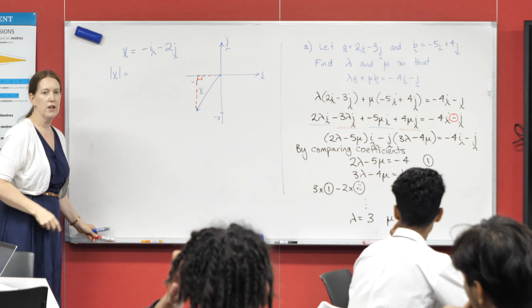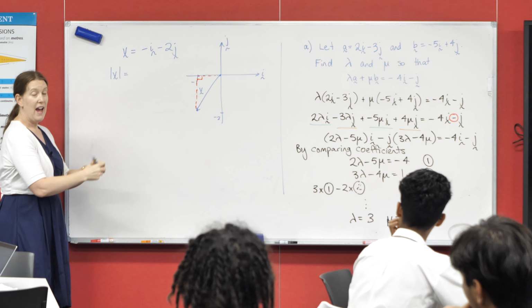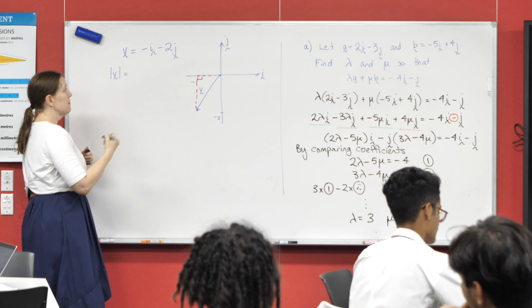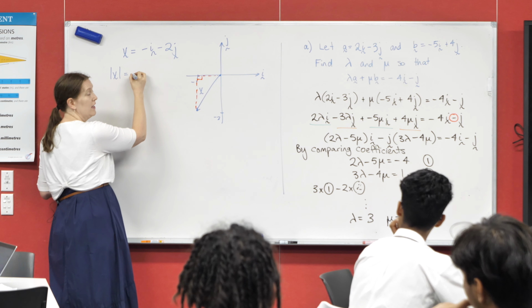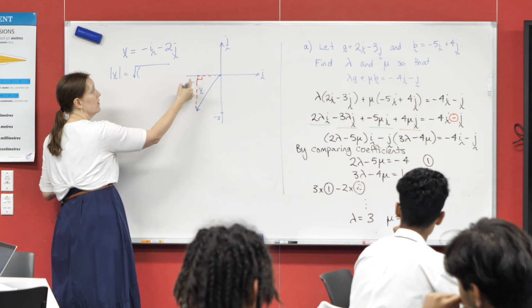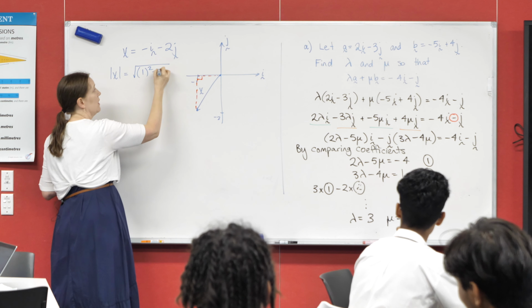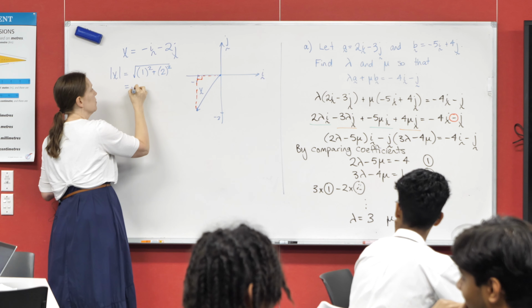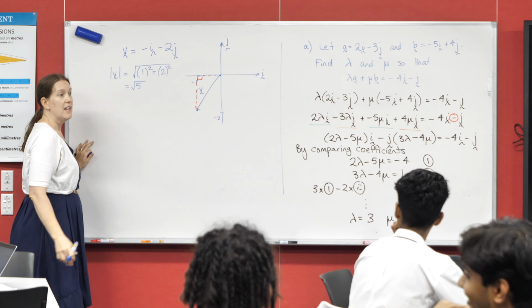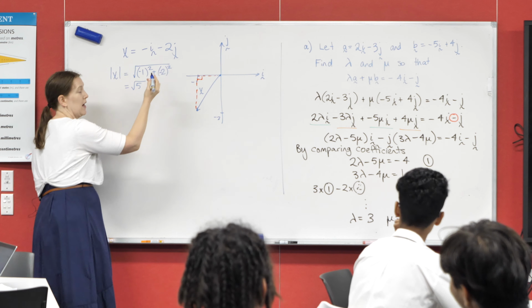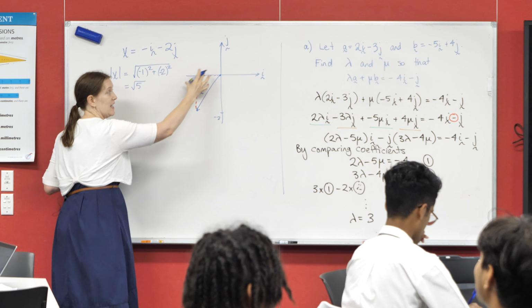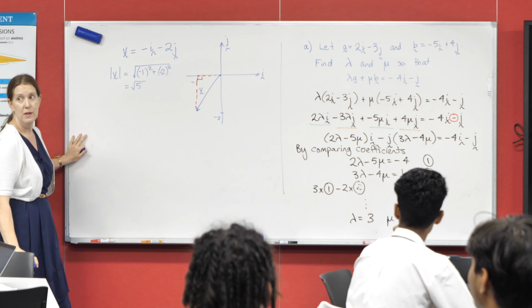We've got our two components. How do we do this? Pythagoras' theorem, so we have the square root of 1 squared plus 2 squared equals root 5. Now I can say minus 1 and minus 2, but it doesn't make much difference, and I can see on my diagram it's 1 and 2.